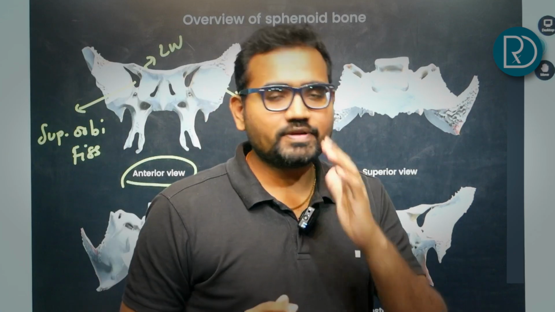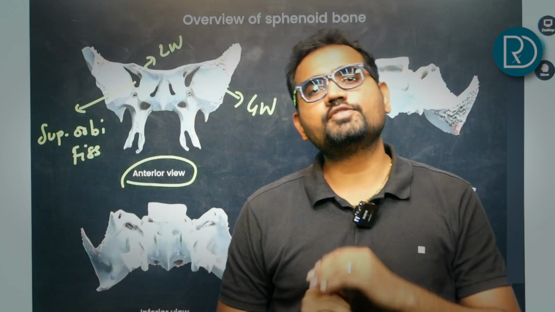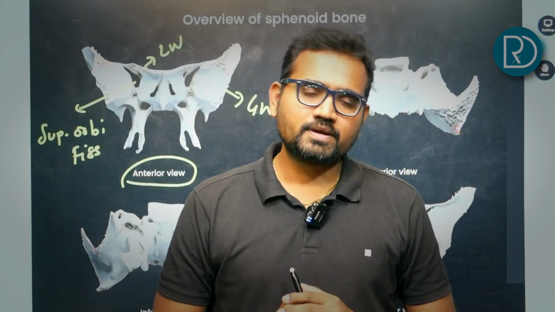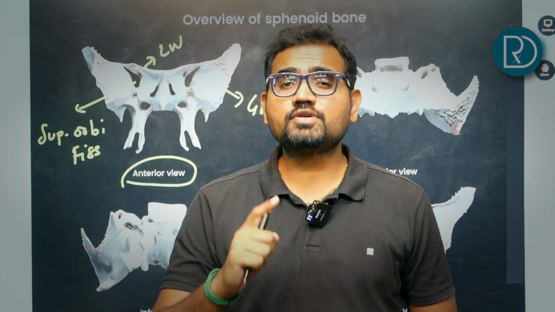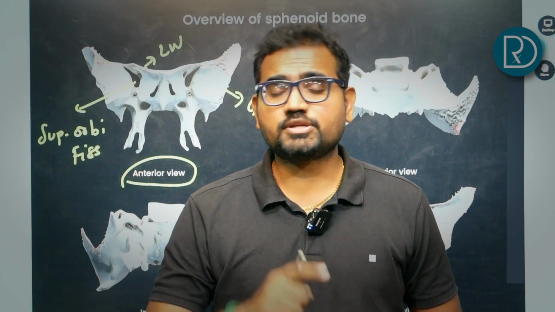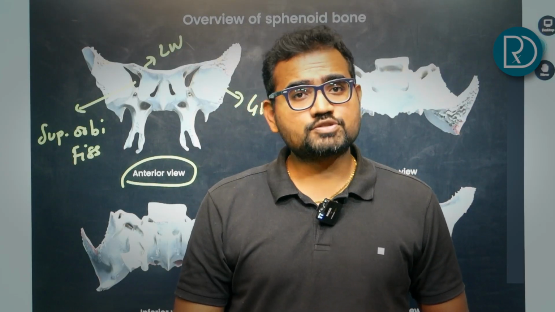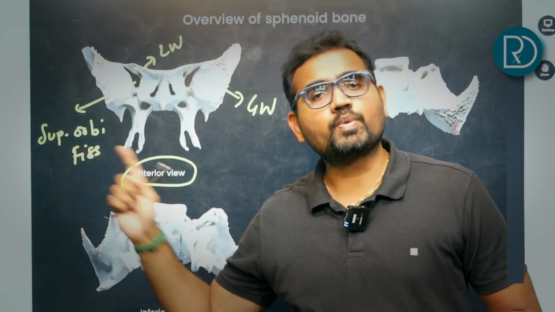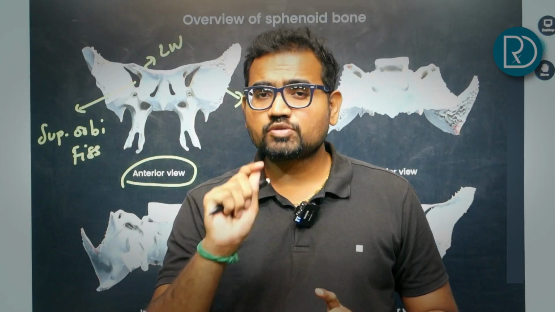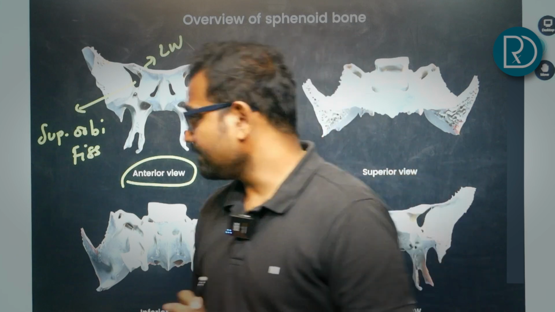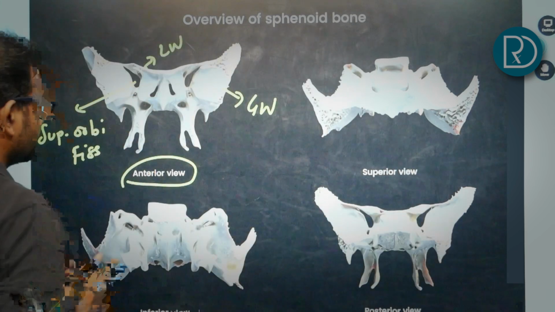It is a very important cleft because cranial nerve 3, cranial nerve 4, and the first division of the trigeminal nerve, which is the ophthalmic division, pass through it. The superior ophthalmic vein also passes through the superior orbital fissure. It is one of the very important landmarks of the sphenoid bone.